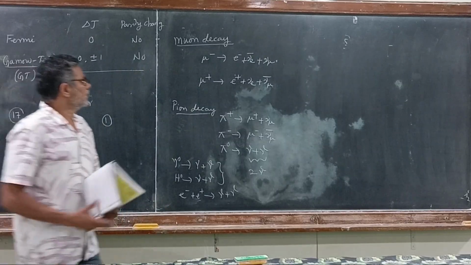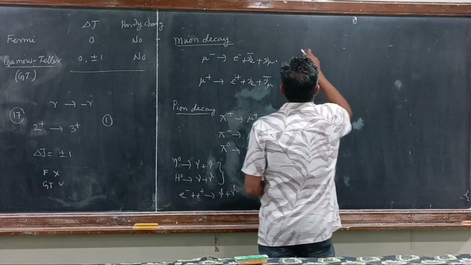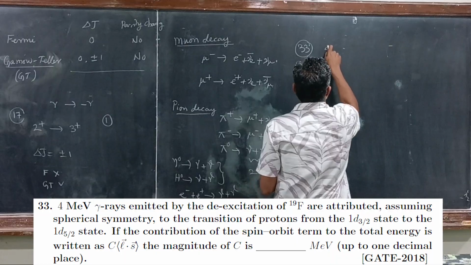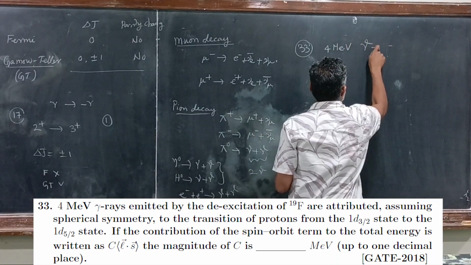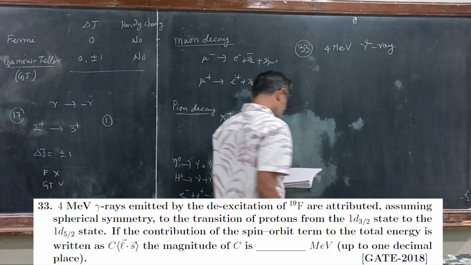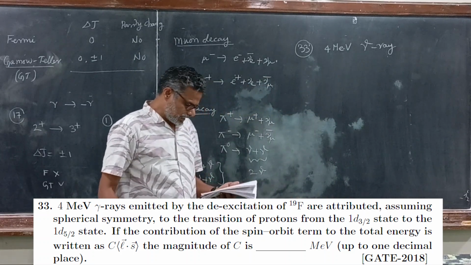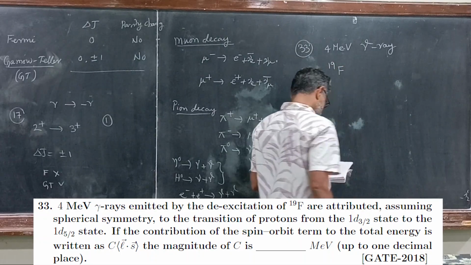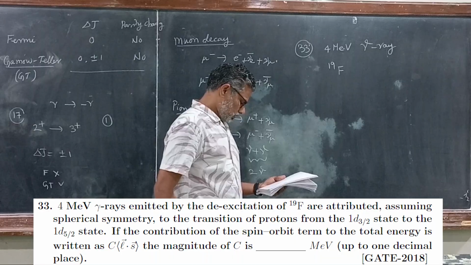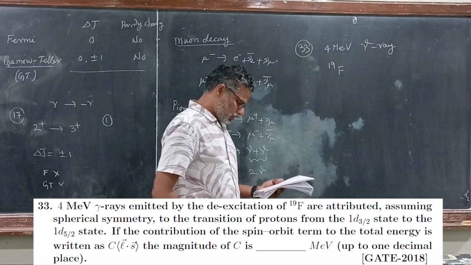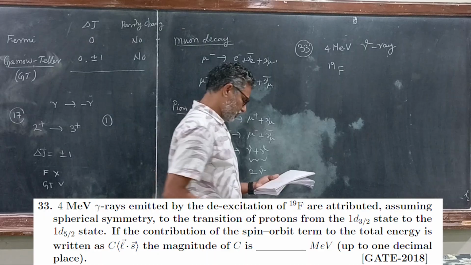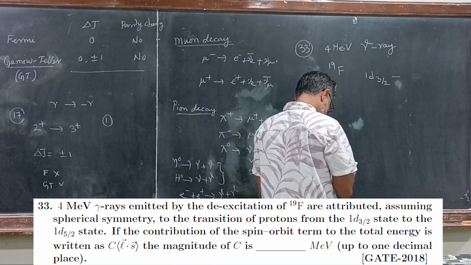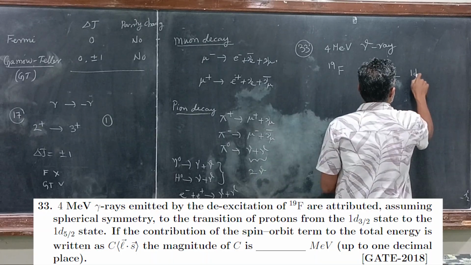Now, the 33rd problem is also: the 4 MeV gamma emitted by the de-excitation of fluorine 19 is attributed, assuming spherical symmetry, to the transition of a proton from 1d 3/2 to 1d 5/2.